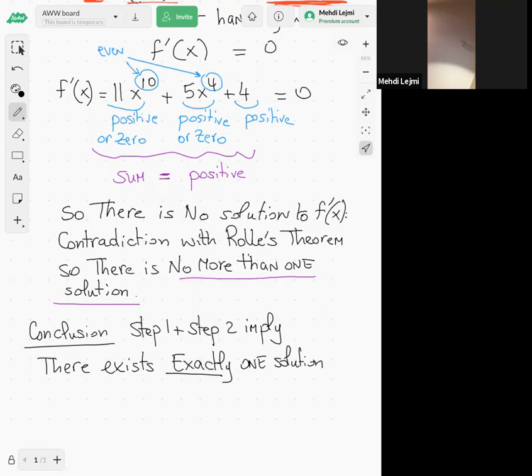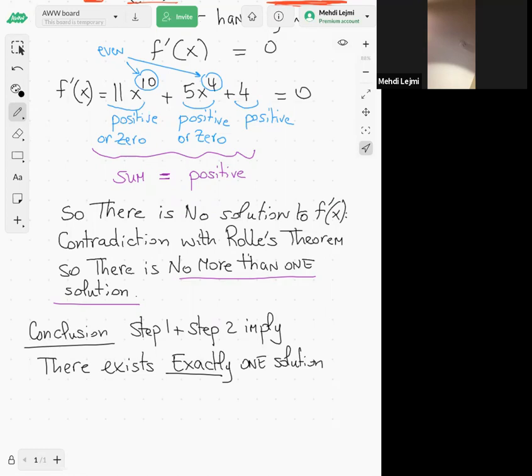Now, in problem number 6, in the second test, you have to prove that there are at most two real solutions, right? At most two, or no more than two solutions. So no more than some number of solutions. Then you have to use Rolle's theorem. You don't need the IVT, because you use the IVT when you have to prove that there is at least one solution.